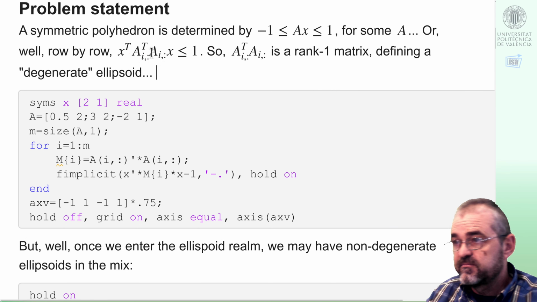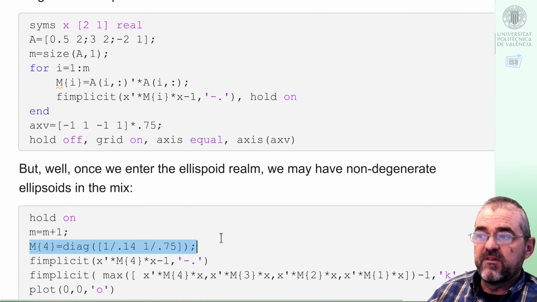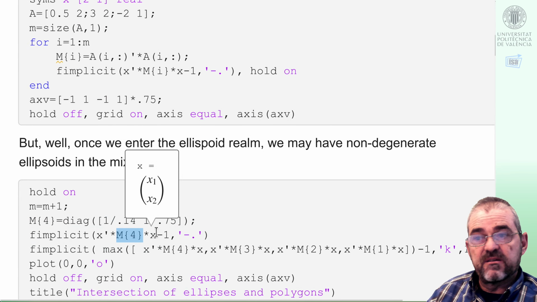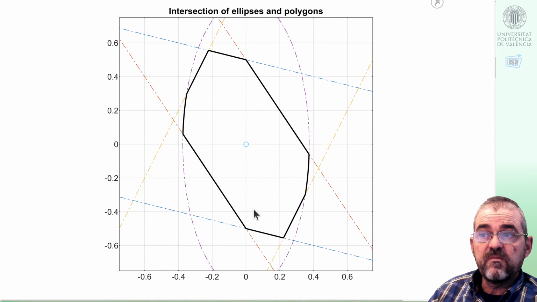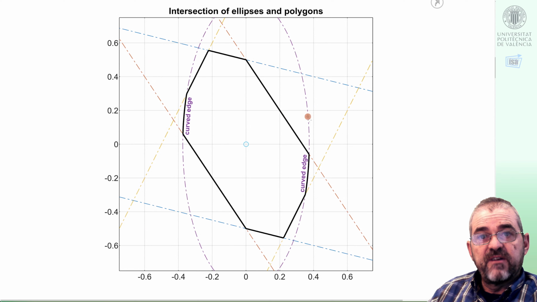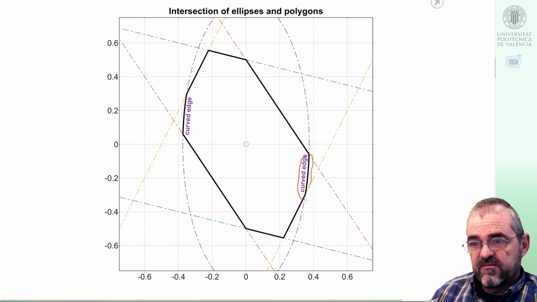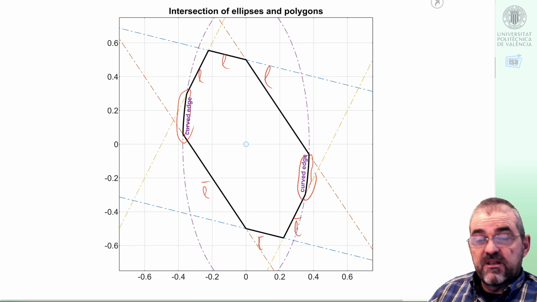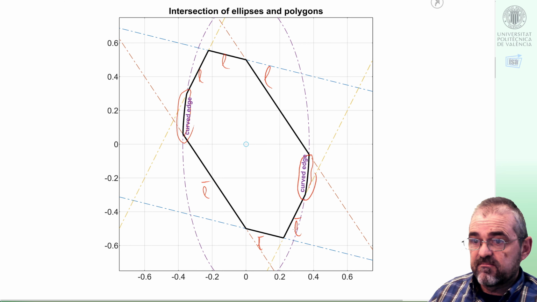Then, for instance, I can invent this M4 for a different ellipse and draw it as well. So we get this violet ellipse. This is the fragment of the boundary of this shape that has ellipsoidal curvature, and the others are the three linear constraints and the symmetric ones from the linear inequalities or from the degenerate quadratic ones.